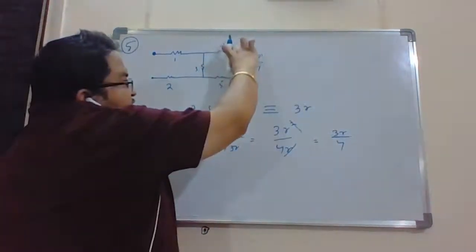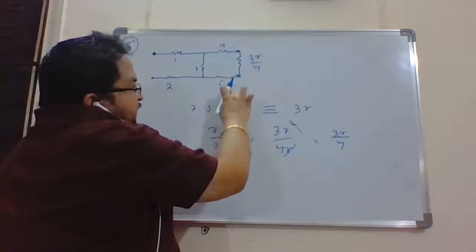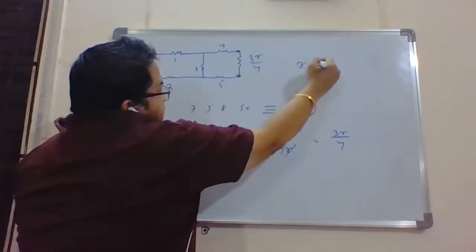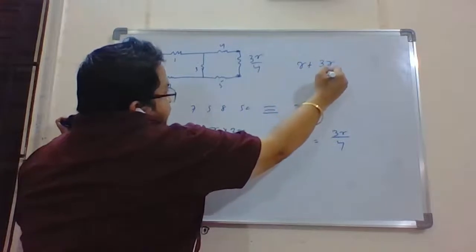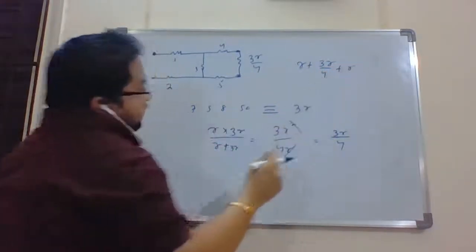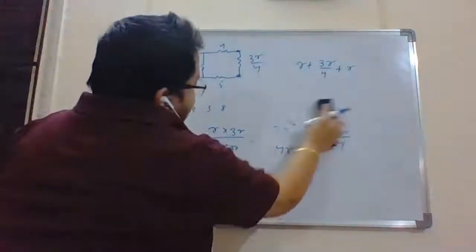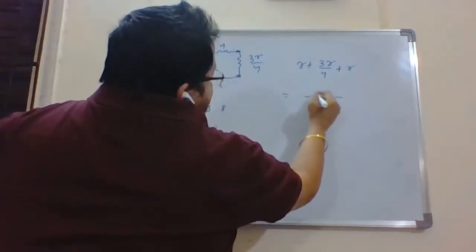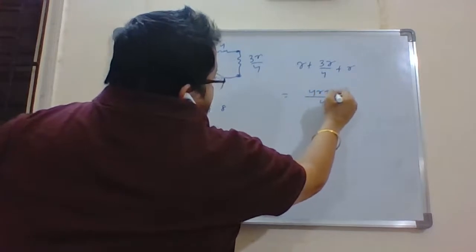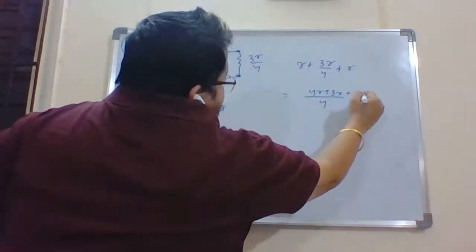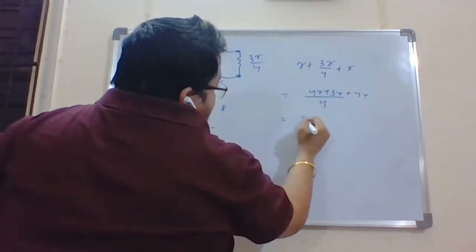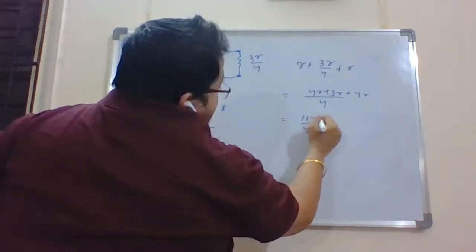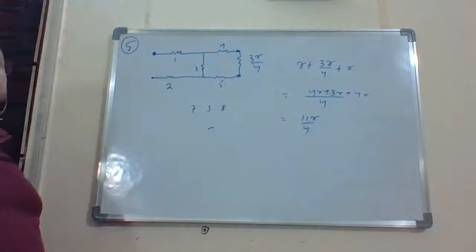So the equivalent resistance of this one and this one will be nothing but R plus 3R by 4 plus R. If you take 4 as LCM, this is 4R plus 3R plus 4R, which is nothing but 11 by 4 R. Correct?